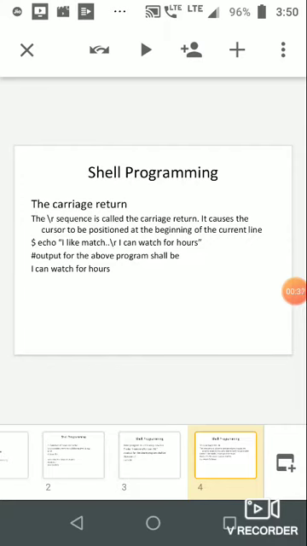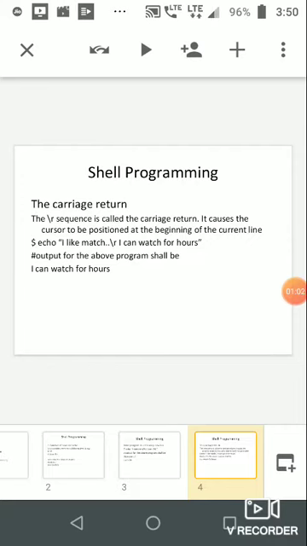So here let us discuss something about the carriage return. This carriage return you can use by the slash r sequence. This is slash r, this is also an escape sequence.